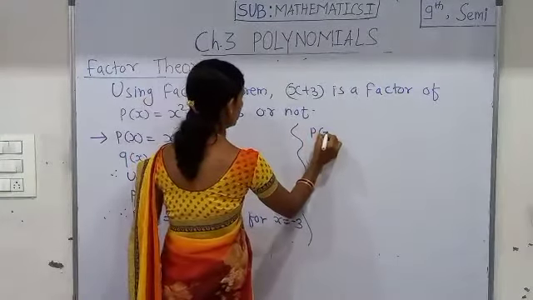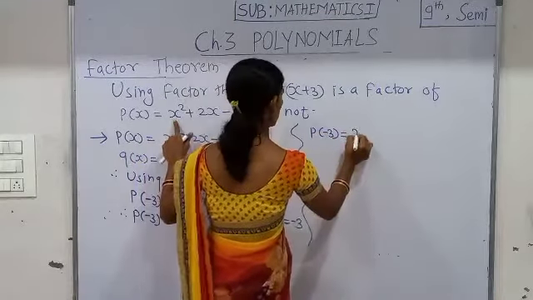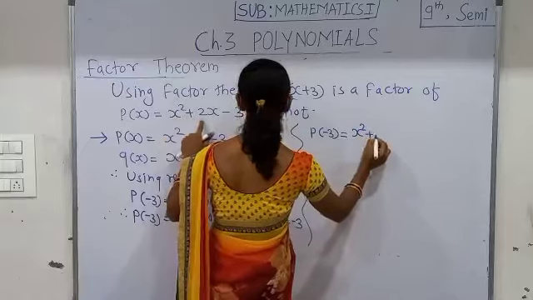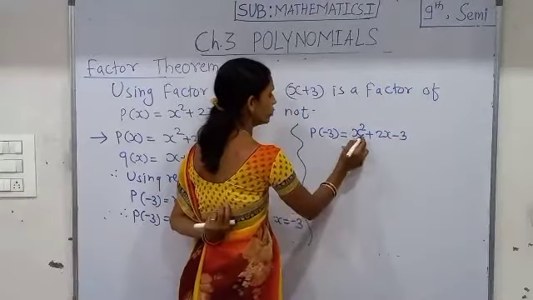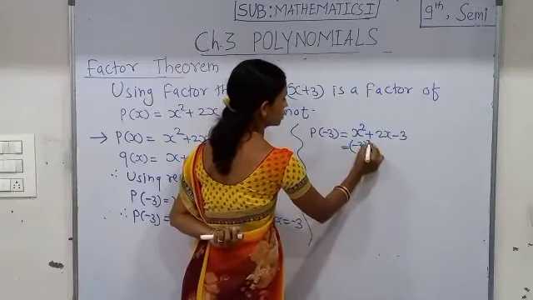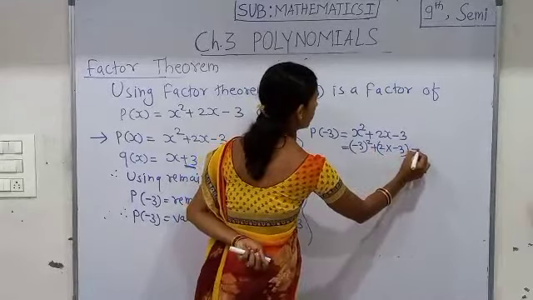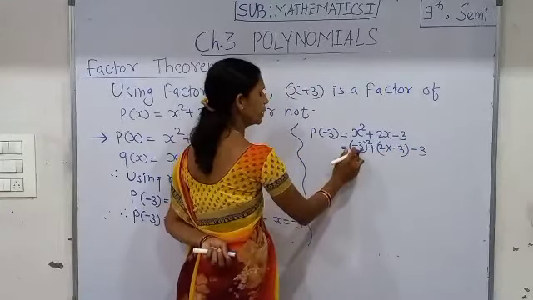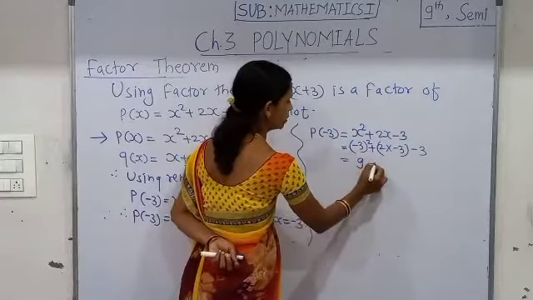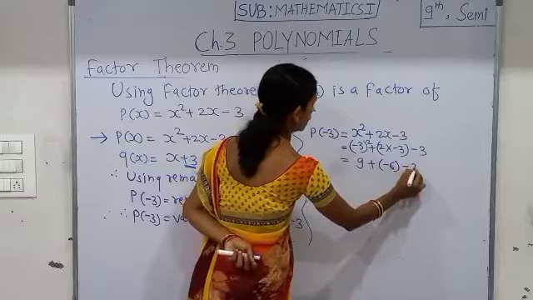Therefore, p(minus 3) is equal to x square plus 2x minus 3. Putting the value of x, that is minus 3 square plus 2 into minus 3, minus 3. Simplifying, we get minus 3 square, 9, plus 2 into minus 3, minus 6, minus 3.